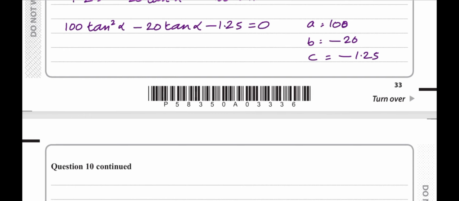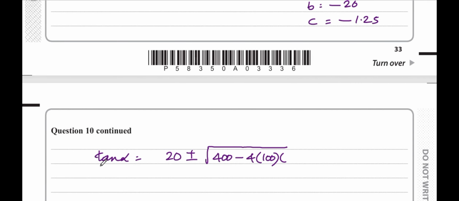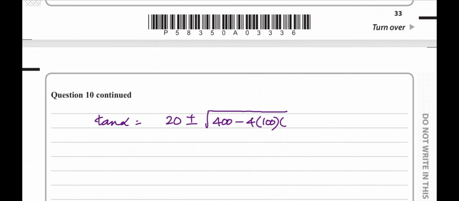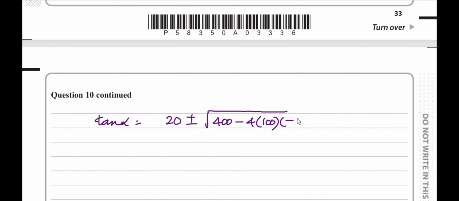Putting them into our quadratic formula, we have tan alpha is equal to plus 20 plus or minus square root of 20 square minus 4 times 100 times minus 1.25, all over 2 times 100 is 200.